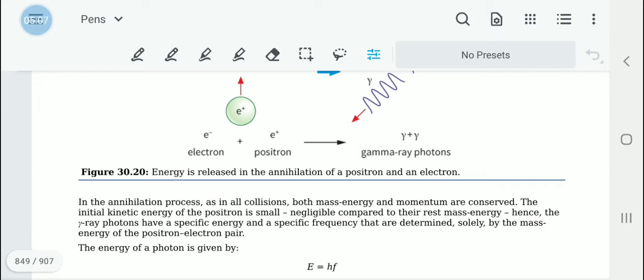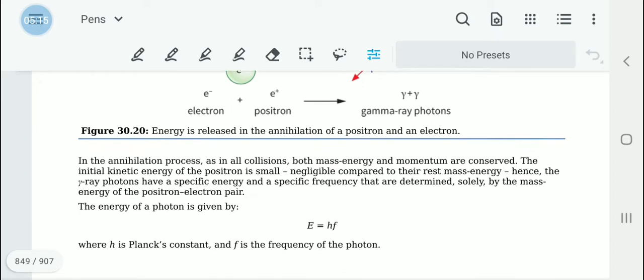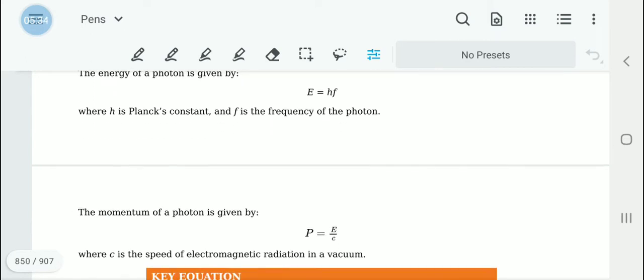Because this energy is used to produce a specific energy for the resulting photon, using E equals hf, that is Planck's constant and frequency of the photon, we can understand the specific energy and the specific frequency that the gamma ray photons would have.